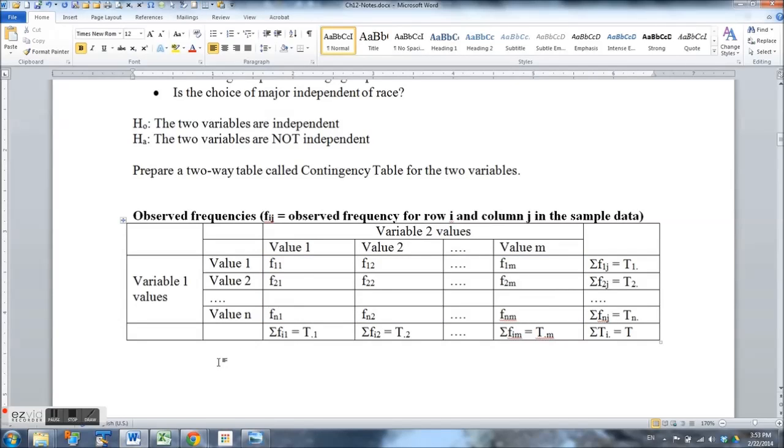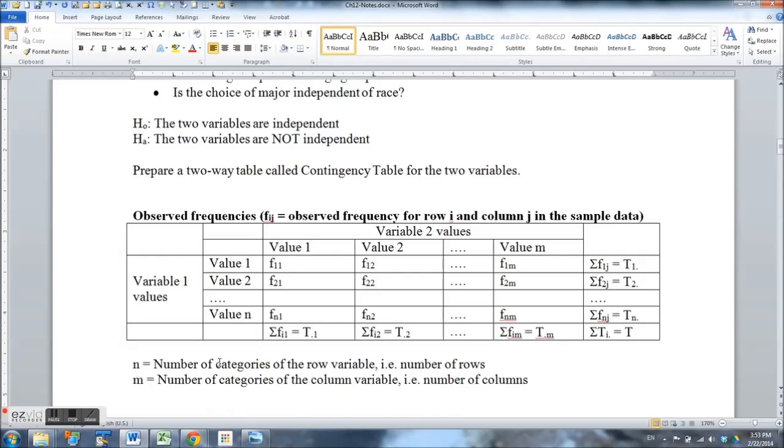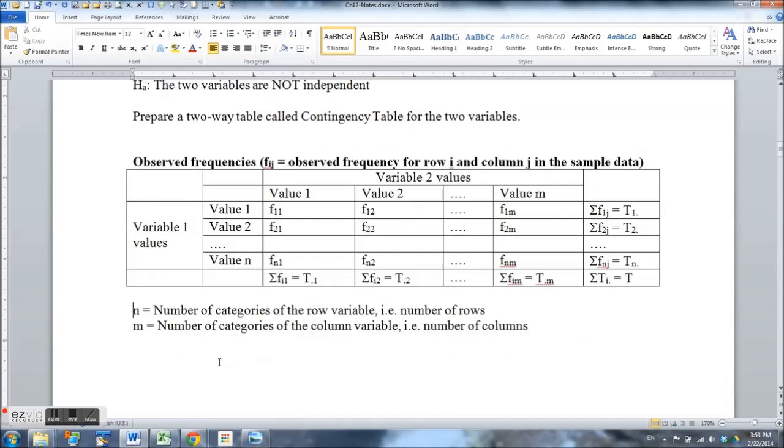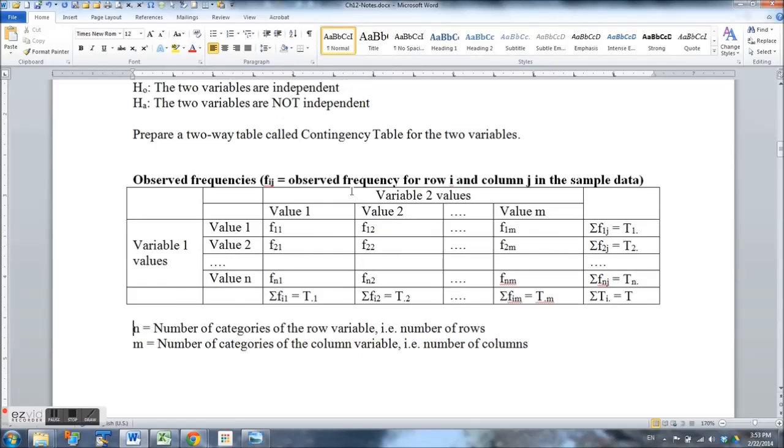Now we have what is called the contingency table, and from this we can figure out the expected frequencies if the two variables are independent, that is, if H0, the null hypothesis, is true. The expected frequencies can be calculated with this formula.